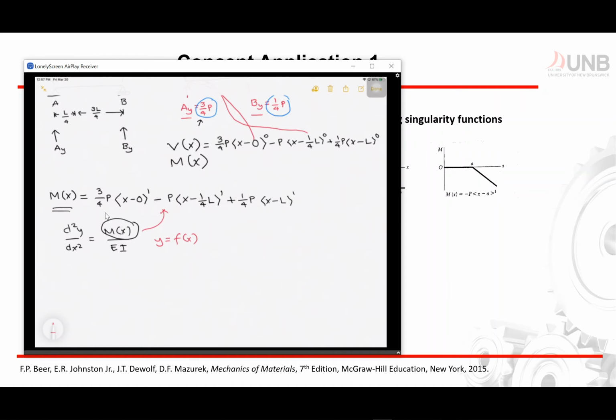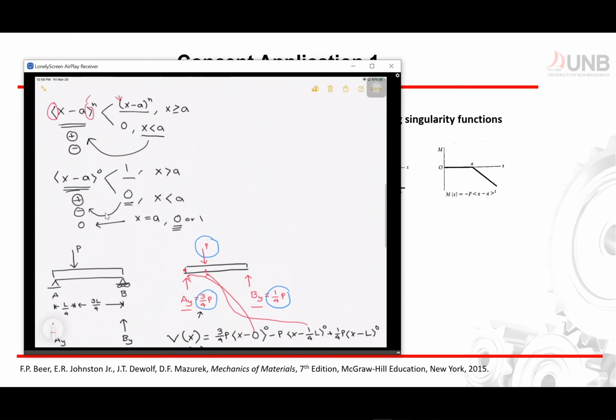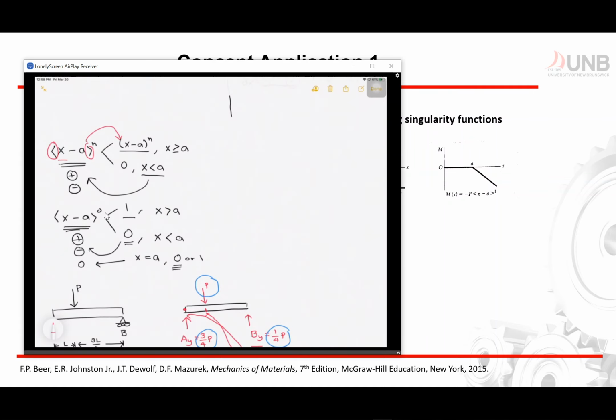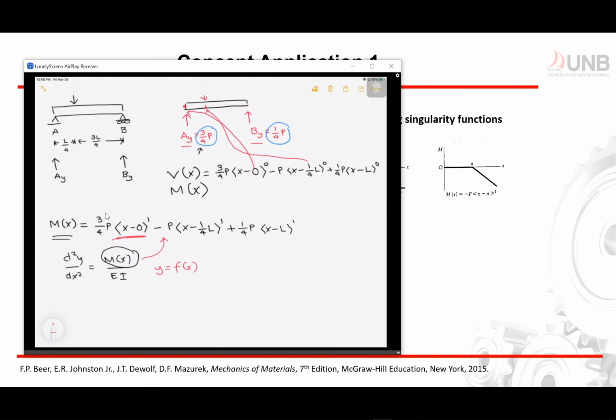So if we are going to look at this equation right here, x minus 0. Now if we go back to this guy right here, if your x is greater than a or equal to a, you have this equation right here. Now if we go back here, it's x minus 0, which means that your x is always greater than 0, or at least equal to 0.